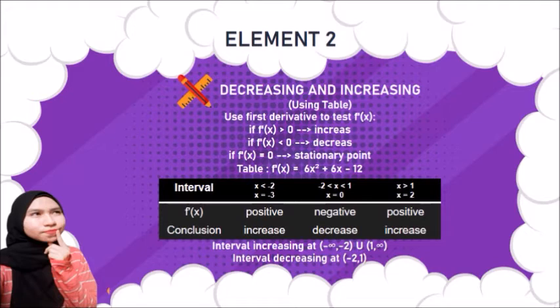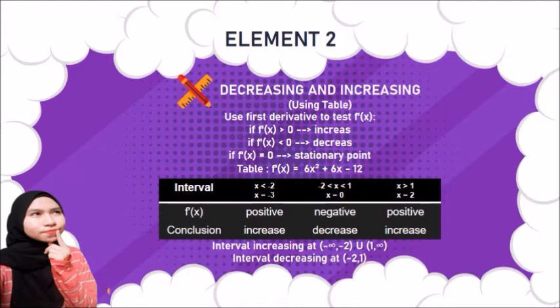For the first one, we choose x equal to -3, and after we substitute, we get the value of f prime x is positive, so the conclusion is increasing. Next, we choose the test point equal to 0, and after we substitute, we get a negative value, so the conclusion is decreasing.